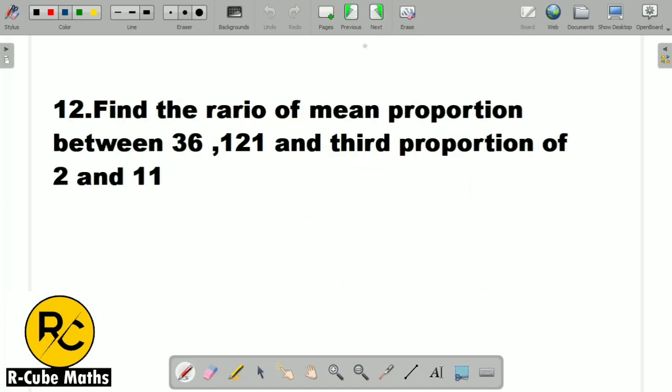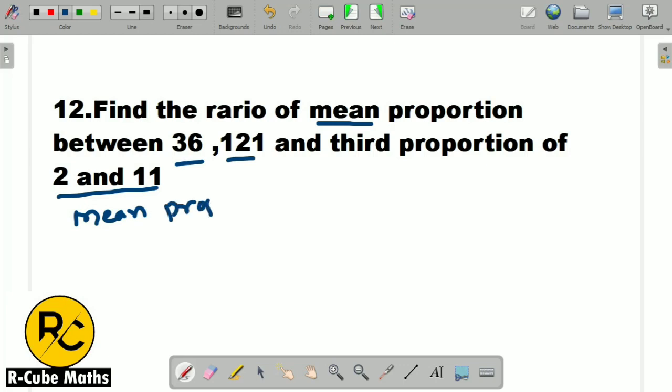Right, next question. Find the ratio of the mean proportion between 36 and 121 and the third proportion of 2 and 11. Now first we have to find the mean proportion.